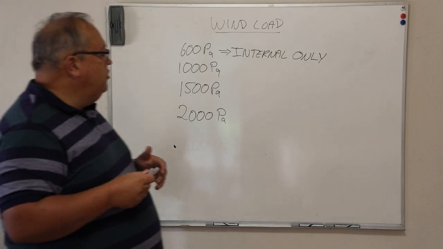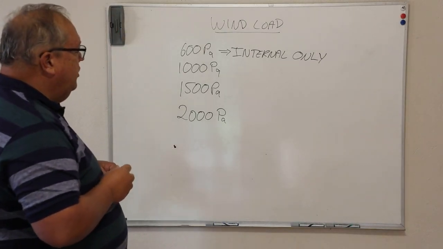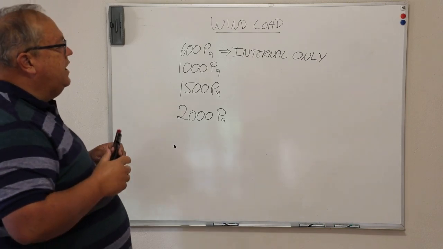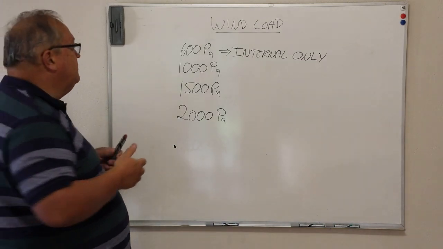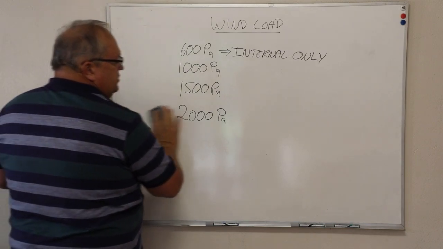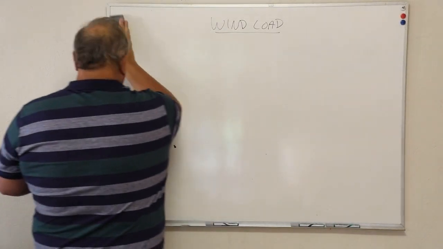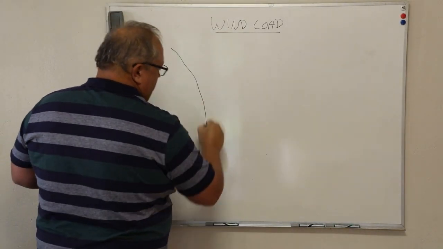And how do you make that assumption? Well, we need to understand the basic geography of South Africa so that we can understand which of these values to start on. So I'm going to draw a very crude map of Southern Africa.